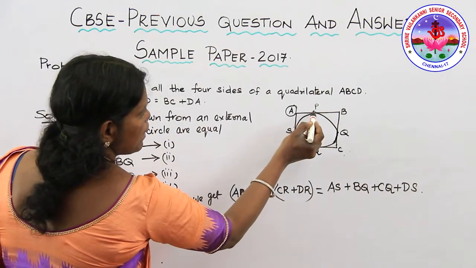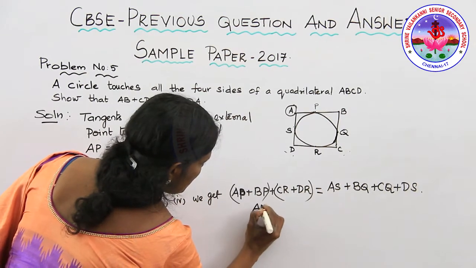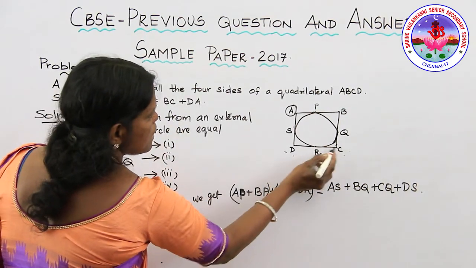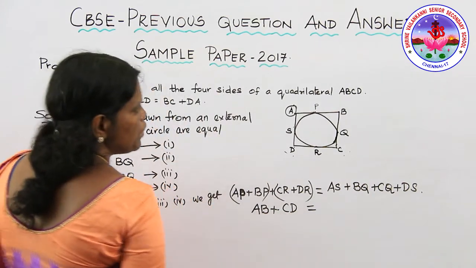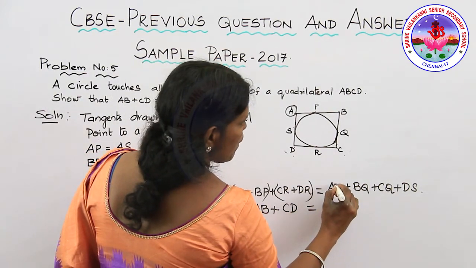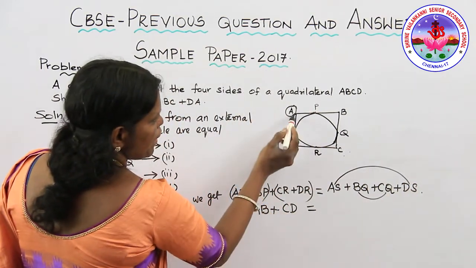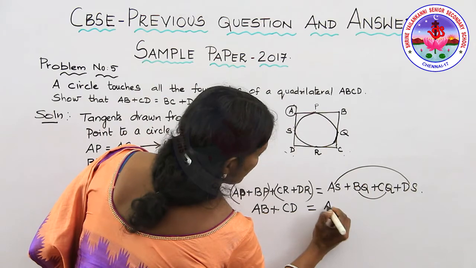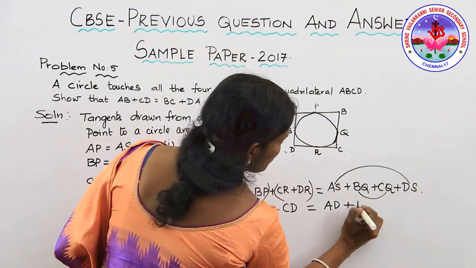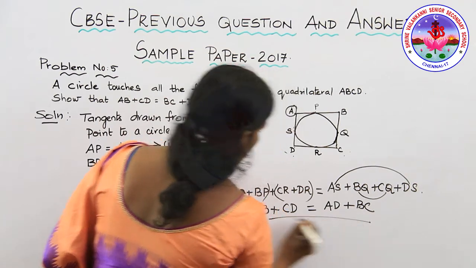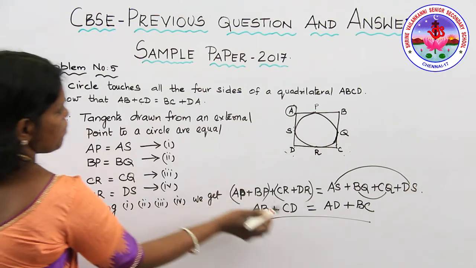So I find that AP plus PB, I will be getting the line segment AB, plus CR plus DR, CD, which is equal to, now I am just going to club AS with DS and BQ with CQ. Now AS plus DS, I get AD, plus BQ plus CQ is equal to BC. Hence I derived AB plus CD is equal to AD plus BC.